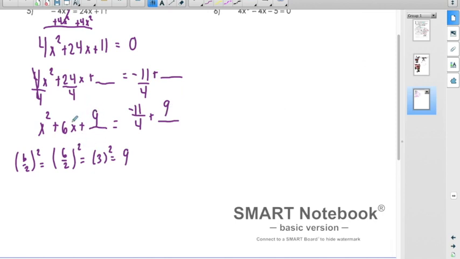Now the left side is a perfect square trinomial. So what multiplies to 9 but adds to 6? It's positive 3 and positive 3. So it becomes x plus 3 squared is equal to, and since you guys probably won't have calculators, it's going to be negative 11 over 4 plus 9 is equal to 25 over 4.